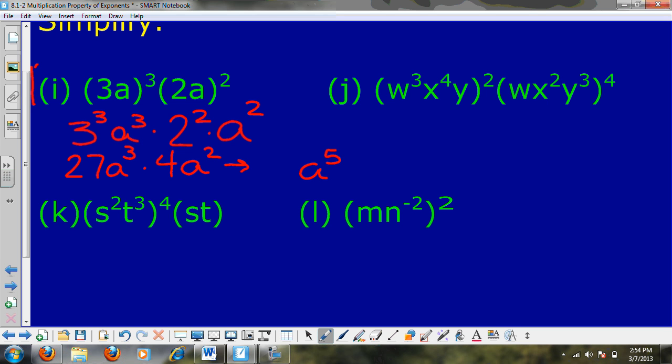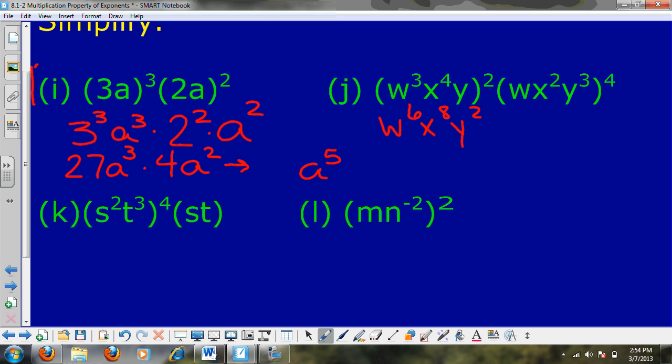All right. How about here? This becomes w to the 6th, x to the 8th, y to the 2nd. I'm not showing you the math anymore, just using those properties.